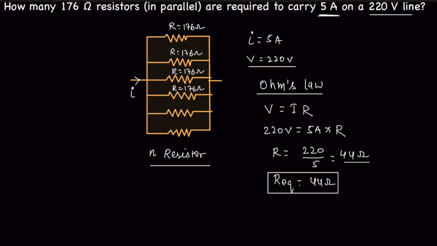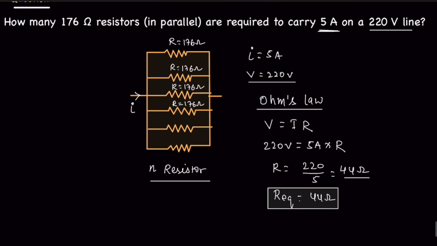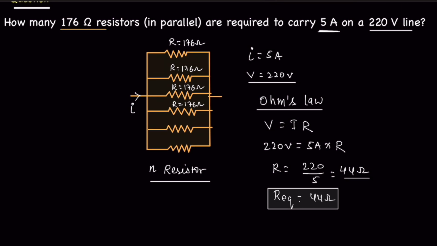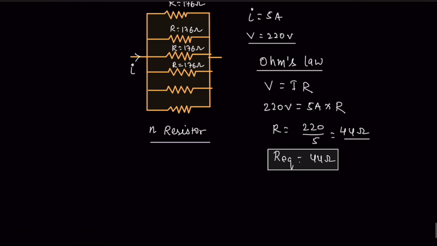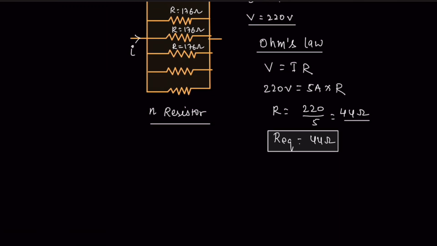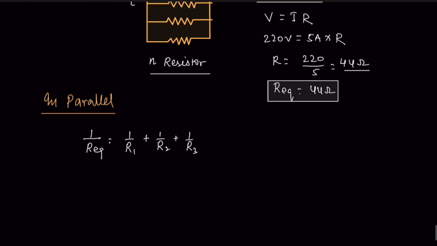And according to the question, each individual resistance has magnitude 176 ohm. So we can use the total resistance formula in parallel. In a parallel arrangement, 1 by total resistance is equal to 1 by R1 plus 1 by R2 plus 1 by R3.